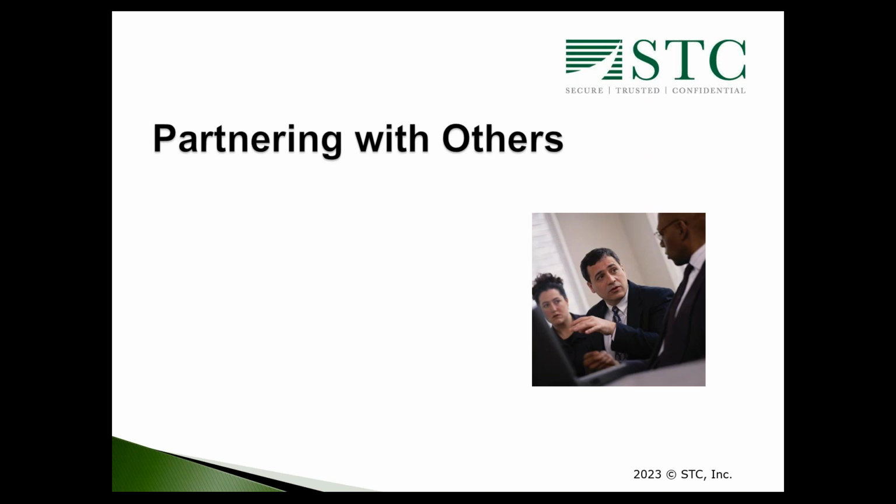Now, I talked about partnering with others to co-own an investment. I said that your retirement account does not have to be the sole owner of an investment. You can partner with others, and in fact, you can partner with yourself, your own personal money.